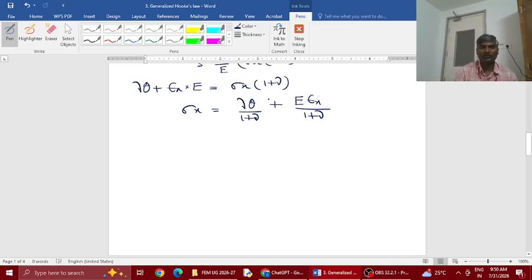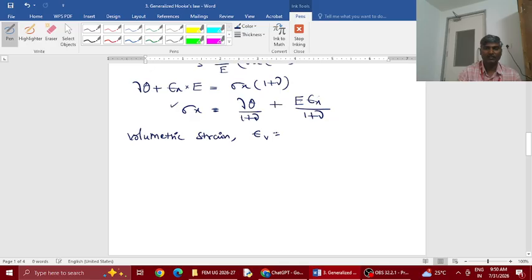So to get sigma x, you need theta to be substituted in terms of known quantities. To get it, we take volumetric strain constant.